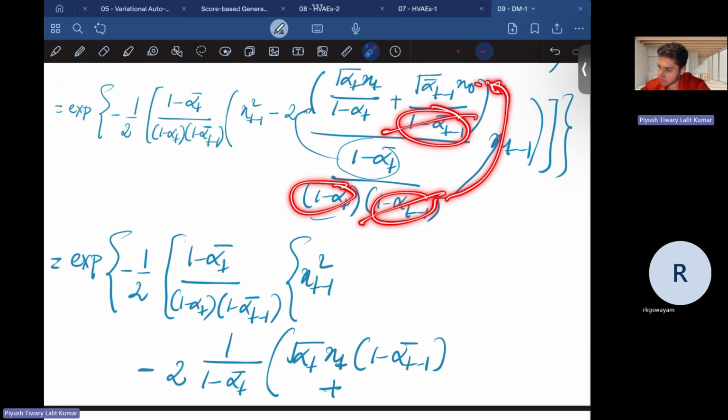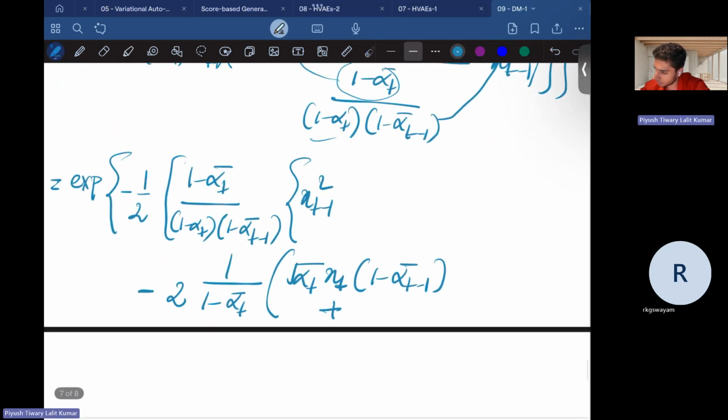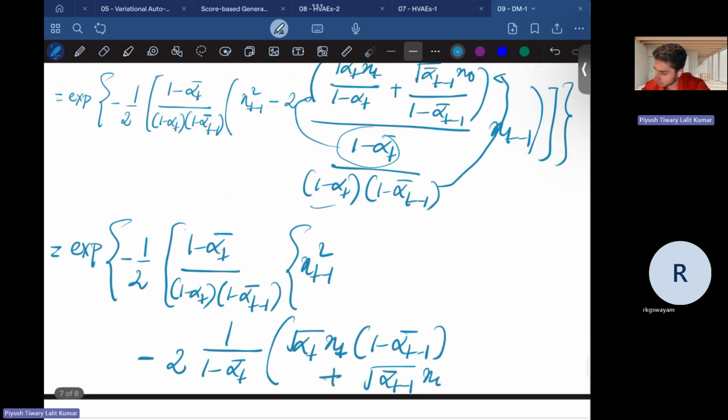This term will get cancelled with this term, and this term will remain. So that will become square root of alpha t minus 1 bar x naught into 1 minus alpha t, xt minus 1.